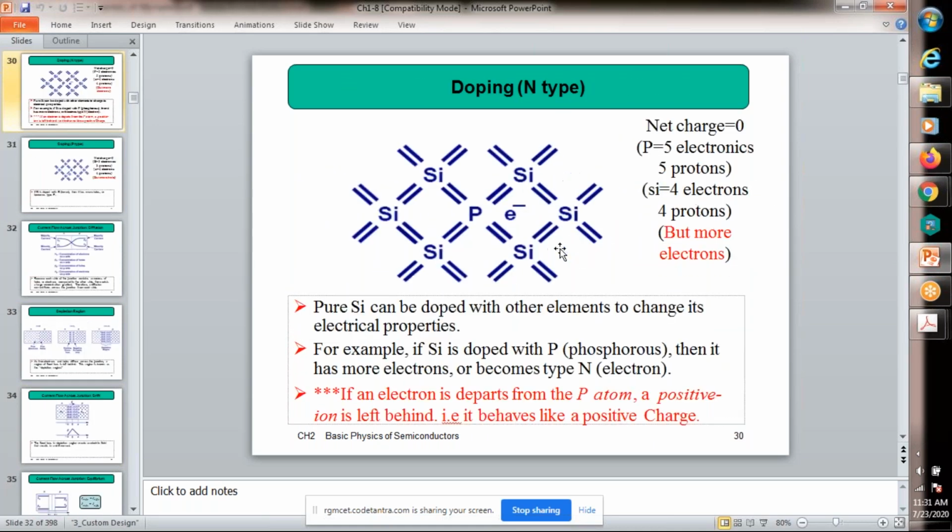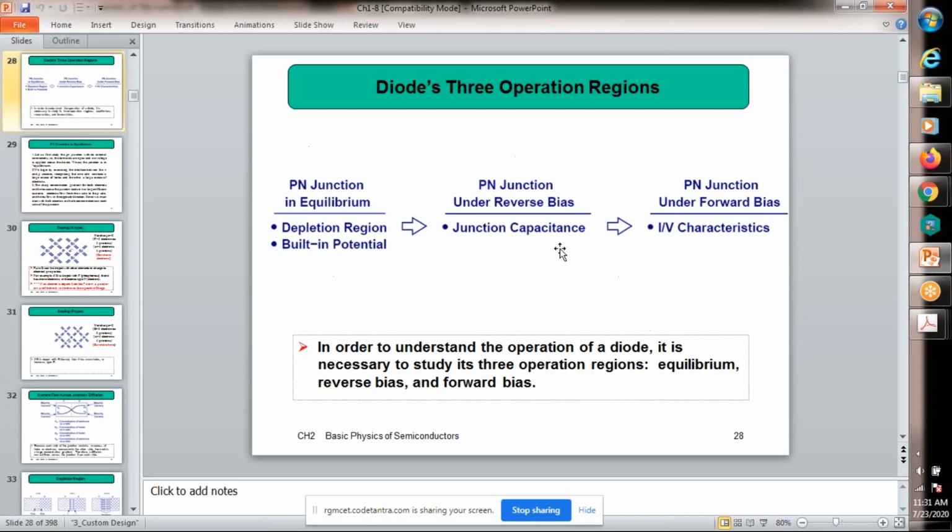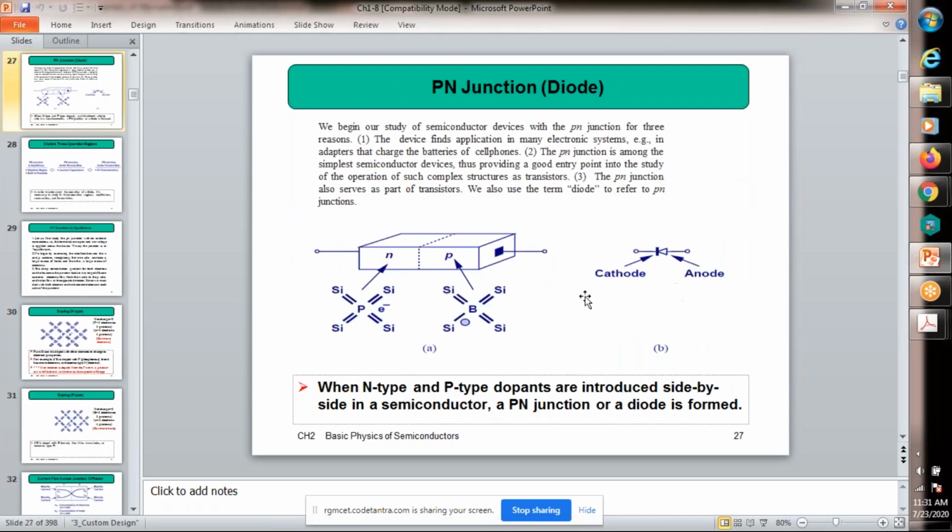Now let us consider here the PN diode. Nearby the junction, the built-in potential is equal to 0.7 to 0.8 volts. At that voltage diffusion current is equal to drift current, so net current is equal to 0.